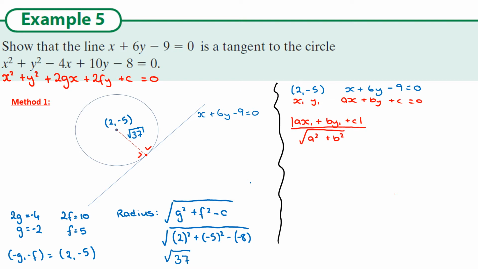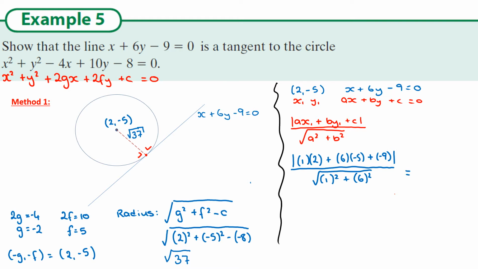Now we're going to fill into that formula, and that's going to give us 1 times 2 plus 6 times minus 5 plus minus 9, all over the square root of 1 squared plus 6 squared.